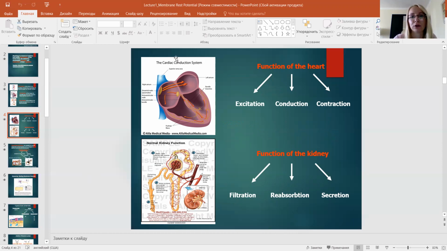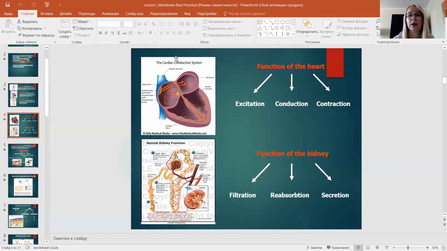So let's take the heart, for example. Initially, the sinus node in the right atrium generates rhythmic excitations that define the heart rate. Then the nerve impulses are conducted by the conduction system to the myocardium. And finally, a reduction of the ventricles and ejection of blood into the aorta and the pulmonary artery occurs.